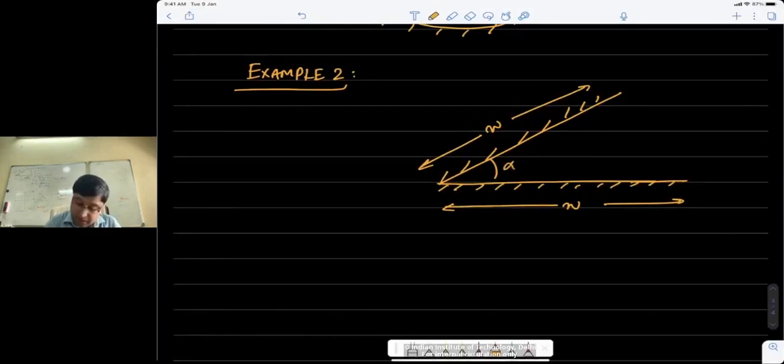Let me say this is surface 1 and this is surface 2, and I need to calculate f12. Both surfaces have equal length, and we need to calculate how much of the radiation leaving surface 1 reaches surface 2.